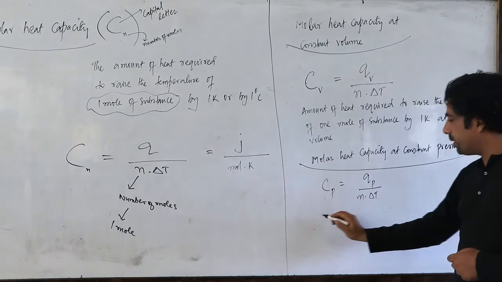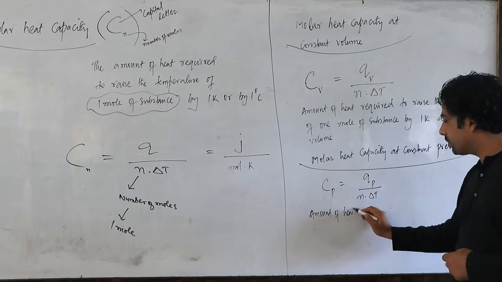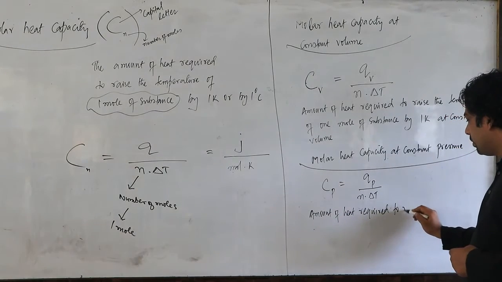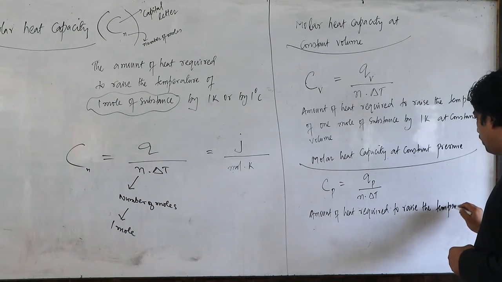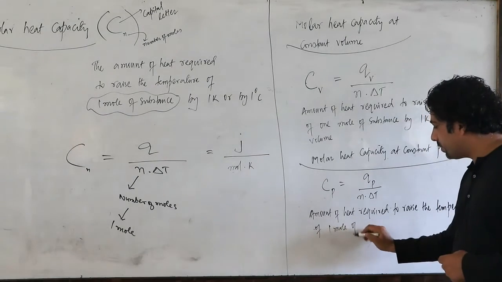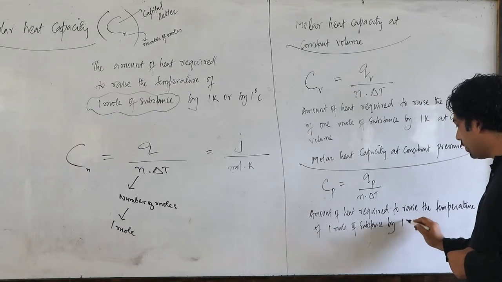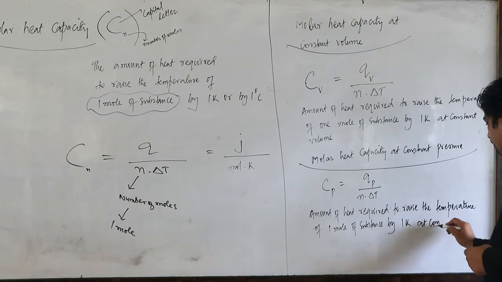Okay. So what is the definition here? Amount of heat required to raise the temperature of 1 mole of substance by 1 Kelvin or 1 degree Celsius at constant pressure.